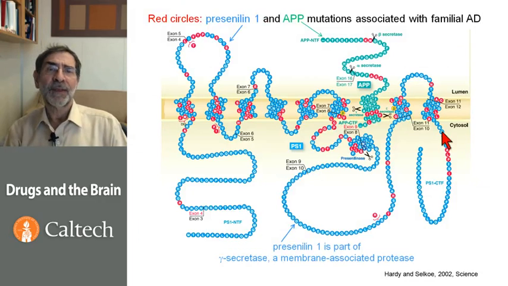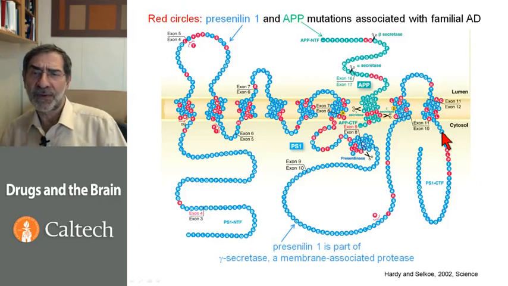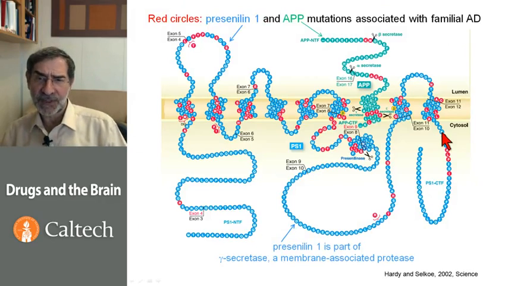I want to tell you about another couple of genes that have mutations very closely associated with familial Alzheimer's disease. One of the genes makes a protein called presenilin-1, and another of the genes makes APP, or amyloid precursor protein. Presenilin-1 has many mutations, here in red, associated with familial Alzheimer's disease.